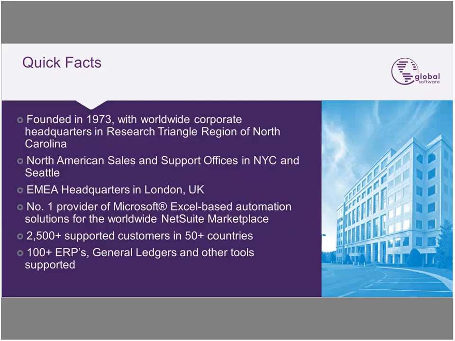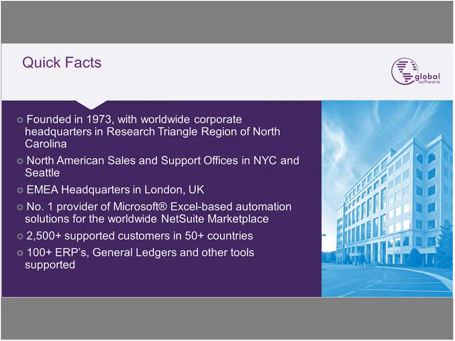So just a quick introduction to Global Software. We were founded in 1973. Our global headquarters is in Raleigh. We also have satellite offices in Seattle and New York, as well as a European, Middle East, and Asian office in London.